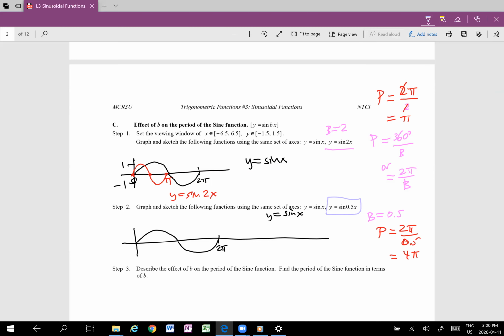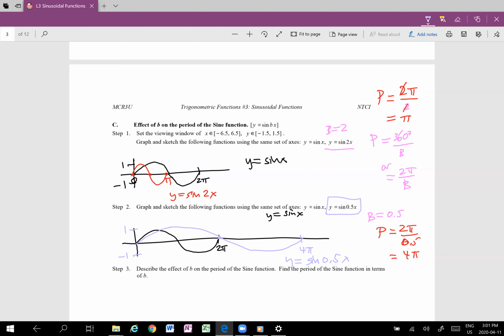That period has to be 4 pi. Still have the same amplitude. So that's pi, 2 pi, 3 pi, 4 pi. Let's see how it looks. And again, it should have the same maximum, same minimum. And that's y equals sine 0.5x.